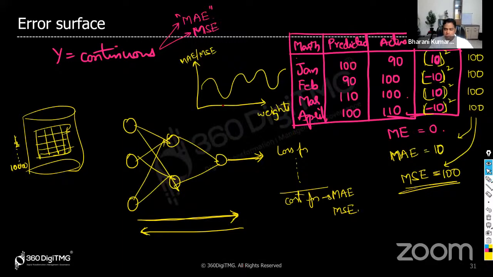And to minimize the cost function, we use an algorithm called gradient descent algorithm. Gradient means rate of change. Descent means in the downward direction, because you want to minimize the loss.